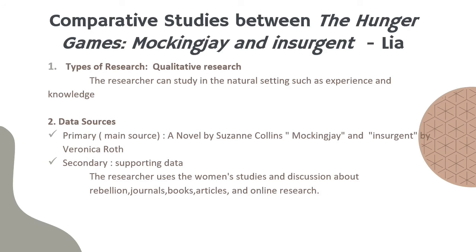The first is the primary source as the main source. She used the novels called Mockingjay and Insurgent. And for the secondary source as supporting data, the researcher used development studies and discussions about rebellions, journals, books, articles, and also online research.